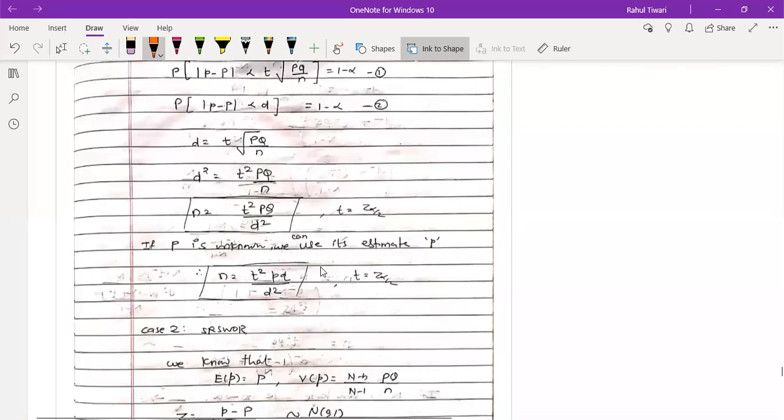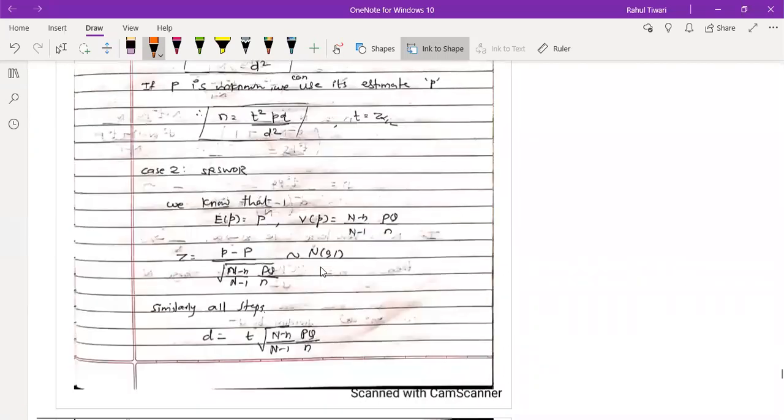Similarly, when we have it under WOR, then you can have the mean and the variance. Apply the same technique, same formula, that is, small p minus capital P upon standard deviation.